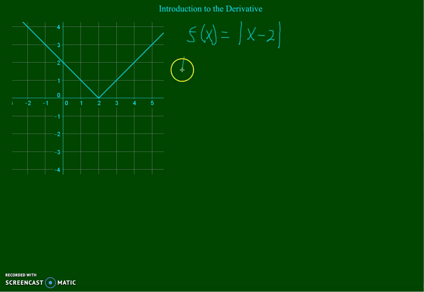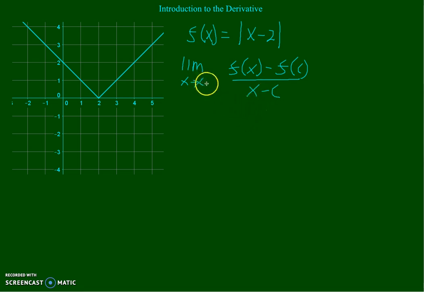So we have the limit as x approaches c of f of x minus f of c all over x minus c.